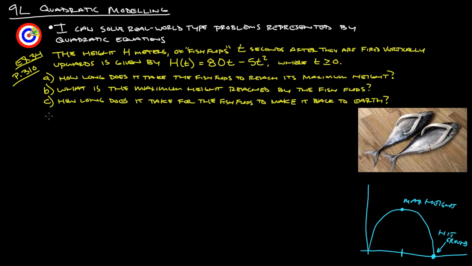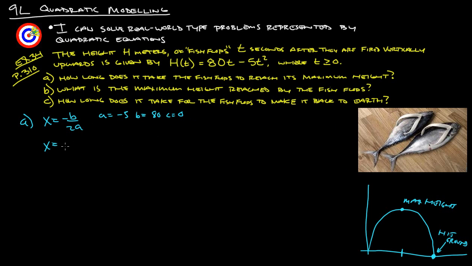So to do that, all we really need is x equals negative b over 2a, because that's going to give us our axis of symmetry, which will also be the exact same as how long it takes these fish flops to reach the max height. So this is part A. In this case, a is negative 5, b is positive 80, and c is 0.